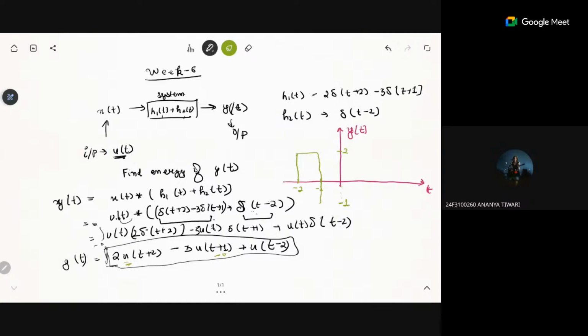Then until t equals 2, it is plus 1, so we go till this 0 and then a straight line. So this will be the graph. Now you can easily find the energy just by looking at this. What will be the energy?